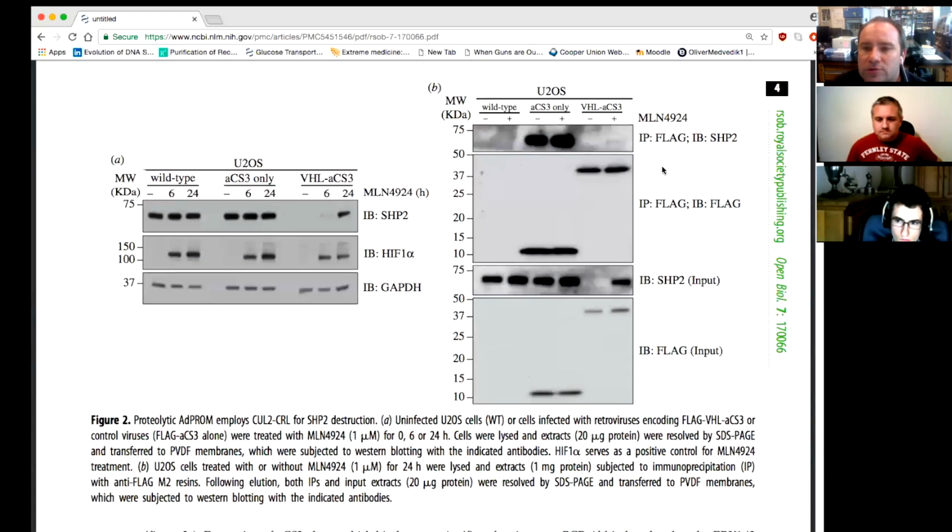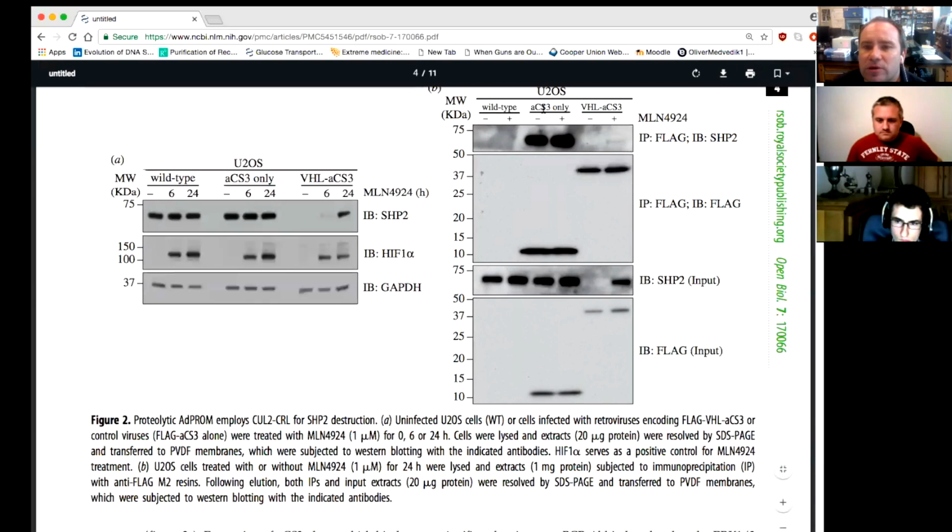So what are they looking at here? So they're doing an immunoprecipitation against FLAG, and the FLAG tag is attached to the ACS3, which is also found alone. That's the monobody, or also in VHL ACS3. And then they're immunoblotting against SHP2.